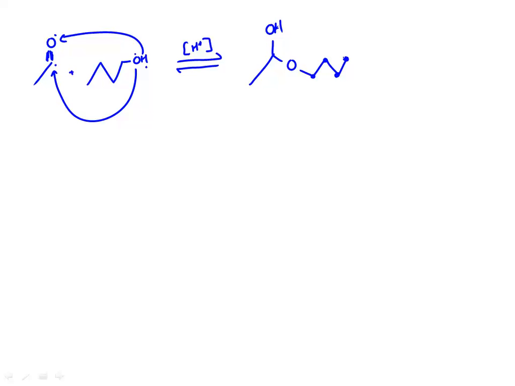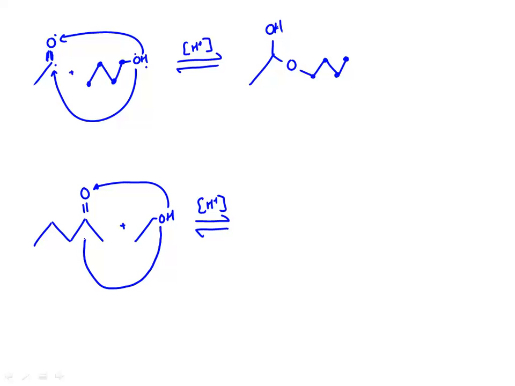If I do the corresponding thing with a ketone, we'll just add a short alcohol. Same exact process is happening. That hydrogen is being added up here. That oxygen is being added to the other side. So I take my molecule the way it started.